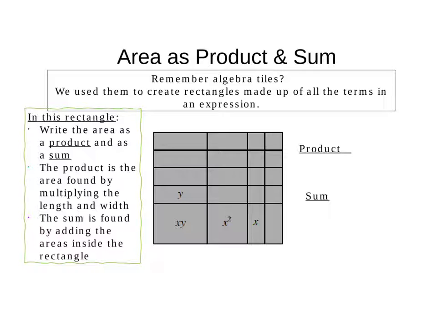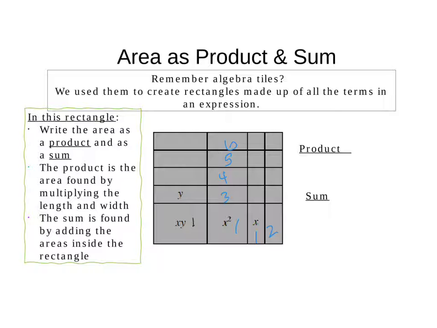So let's just call out the x's and y's inside the rectangle. We have 1xy. We have 1x squared. It looks like we have 1, 2, 3, 4, 5, 6 x's.